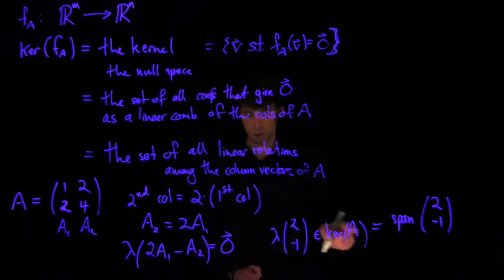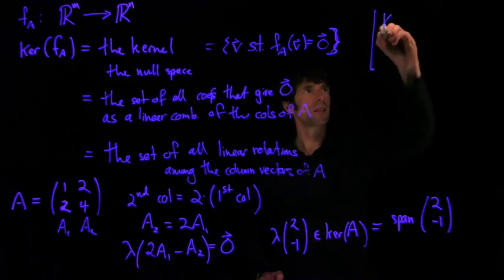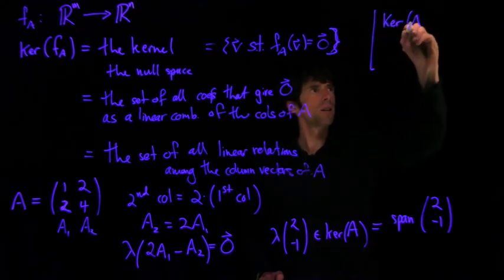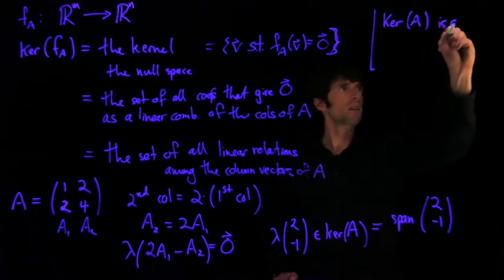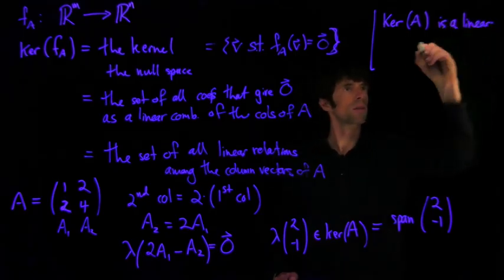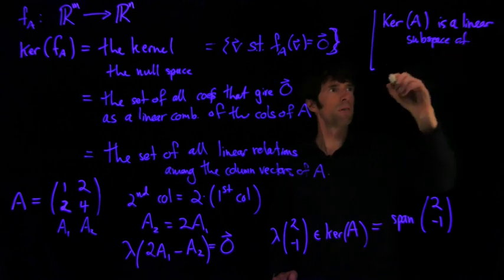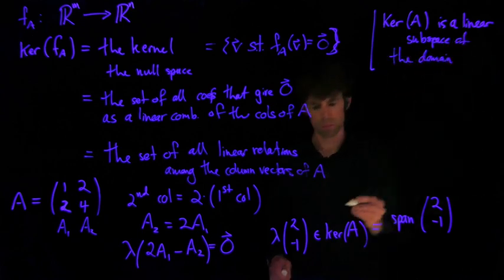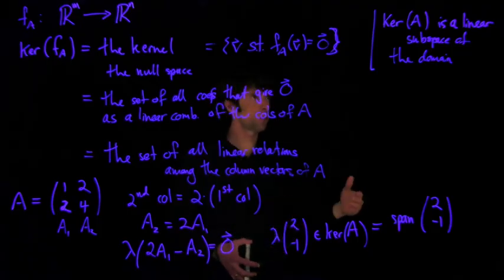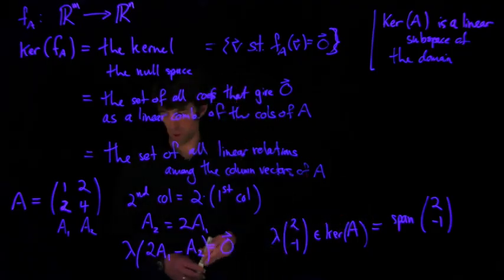So taking this observation and generalizing it, note that the kernel of a matrix is always a linear subspace of the domain. Just as the image is a linear subspace of the codomain, the kernel is a linear subspace of the domain.